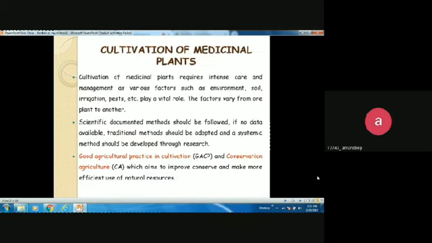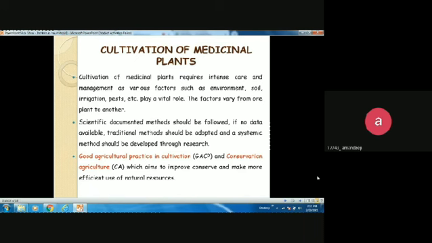Next is cultivation of medicinal plants. Cultivation of medicinal plants require intense care and management as various factors such as environment, soil, irrigation, pests, etc. play a vital role. The factors vary from one plant to another. Scientific documented methods should be followed.